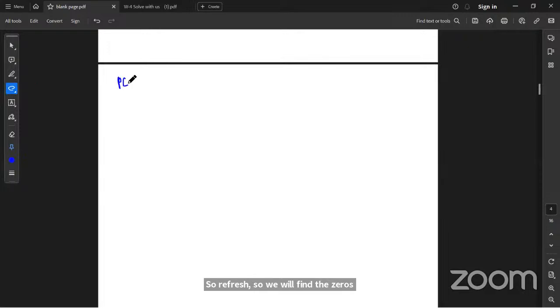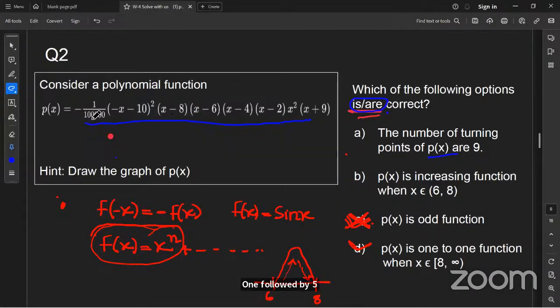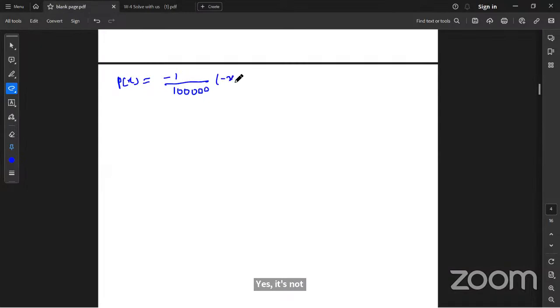What is the polynomial? Can someone tell me? It is 1 followed by 50, right? It doesn't matter, but someone of you will come to me and tell me, sir, that is not 10,000, that is actually 1 lakh.